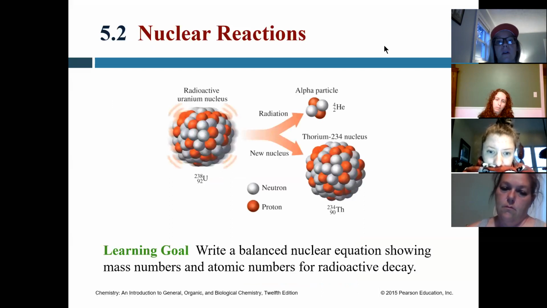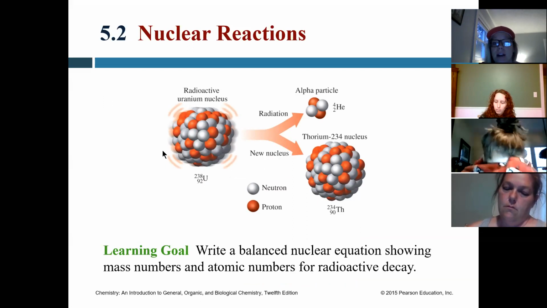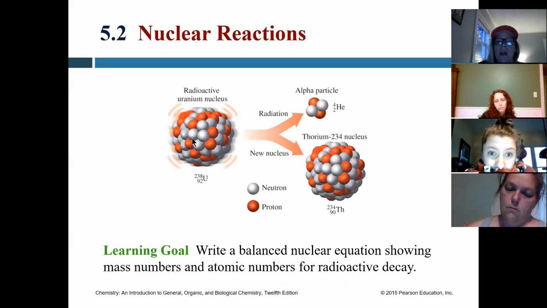Okay, so nuclear reactions. I think these are kind of fun to do. When you have a really large radioactive nucleus, like right here, I've got this uranium nucleus, specifically uranium-238. If I told you this nucleus undergoes alpha decay, that means that it's going to release an alpha particle, and then it's going to have a remaining atom.